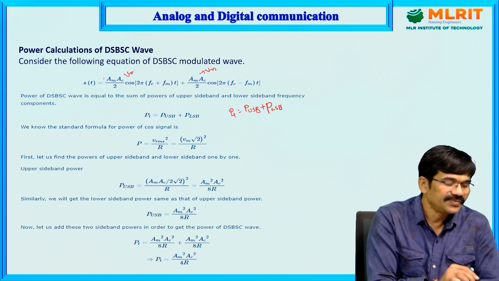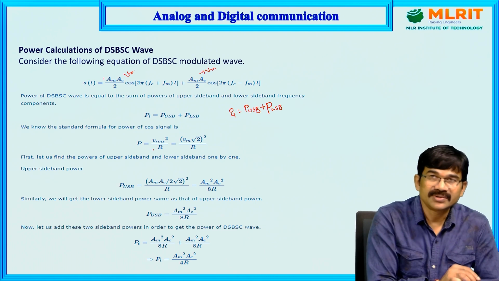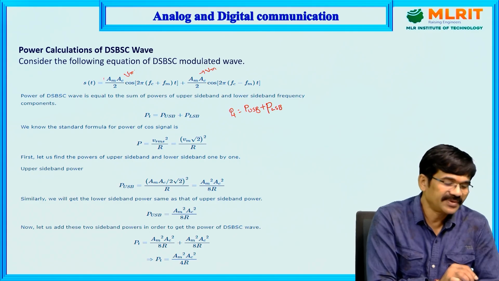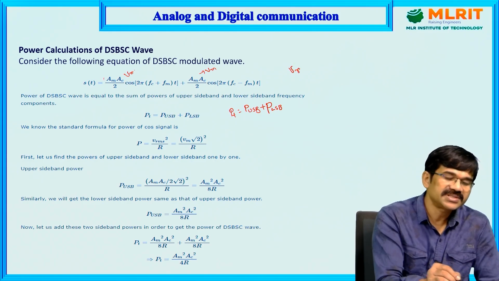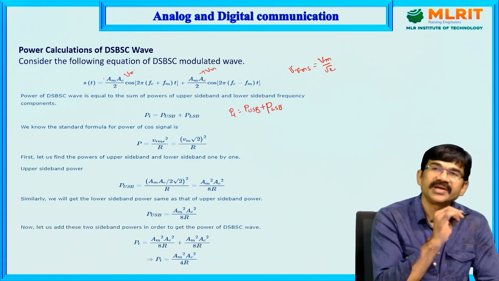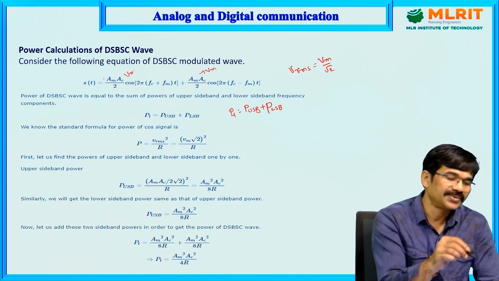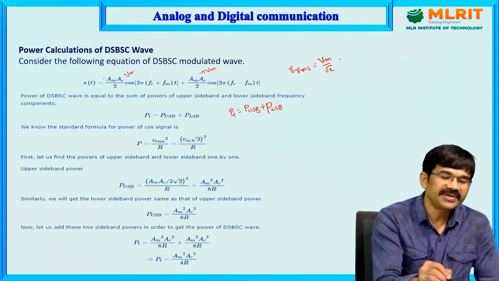Okay. So we know the power expression P is equal to V square by R. So for the RMS power we take Vrms square by R. So what is the formula for Vrms? Vrms is equal to Vm by root 2. So what is Vm?